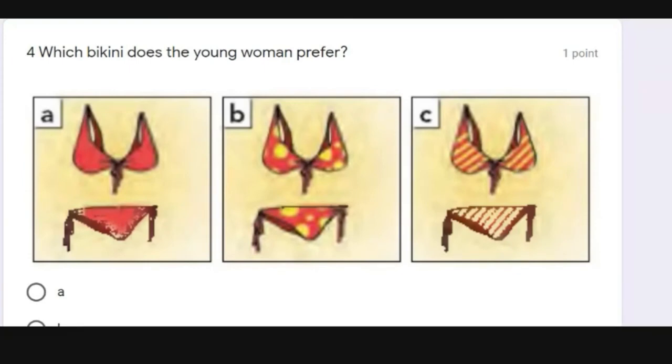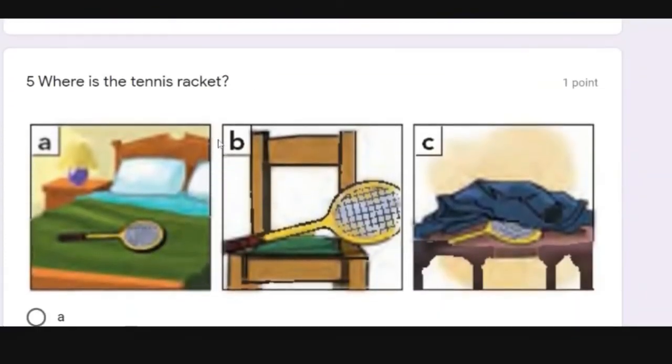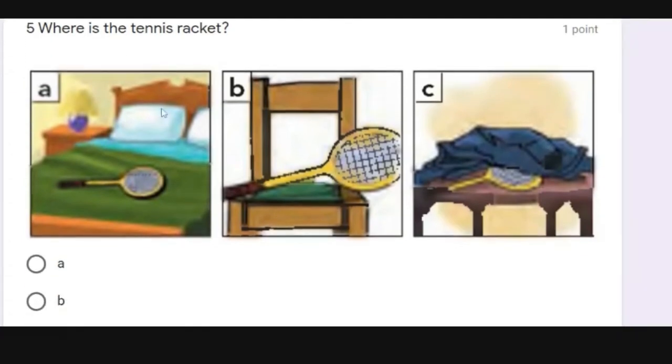So the second woman still insists that which one is better? The spotted one, right? Okay. All right. So I think you know the answer already. Now let's proceed to number 5. Where is the tennis racket? Okay, so you see these tennis rackets at different places.